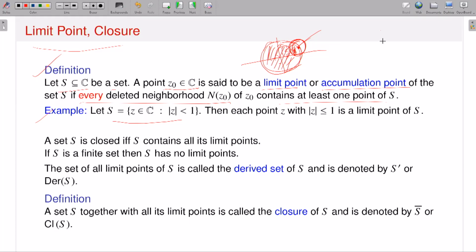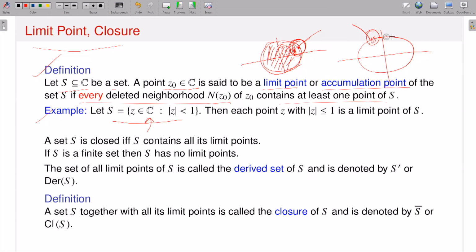Once again, points inside the set are accumulation points, that is perfectly alright. The only thing to check is whether the boundary points are limit points. According to the definition, whatever open neighborhood, open ball or open disk I take, and if I take out this point, there are plenty of points which are inside the set, so the intersection with the set is non-empty.